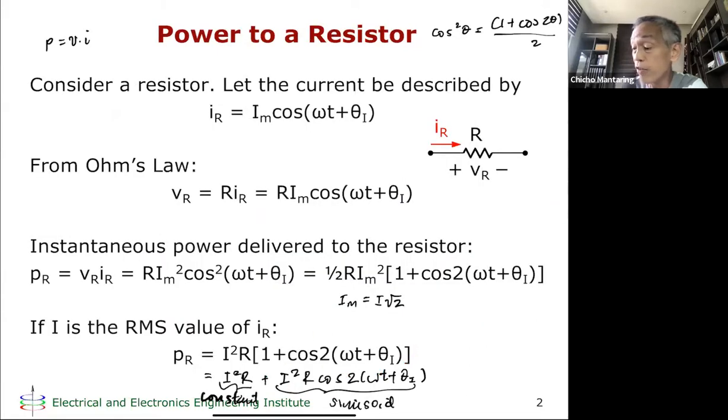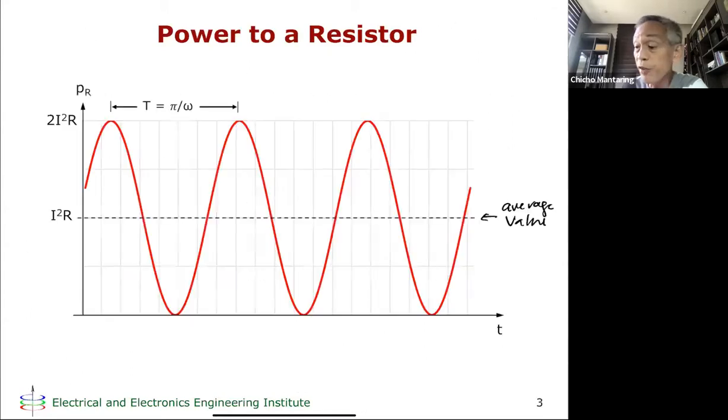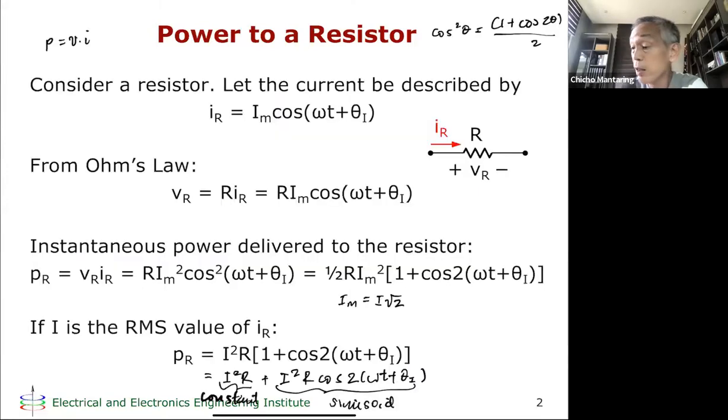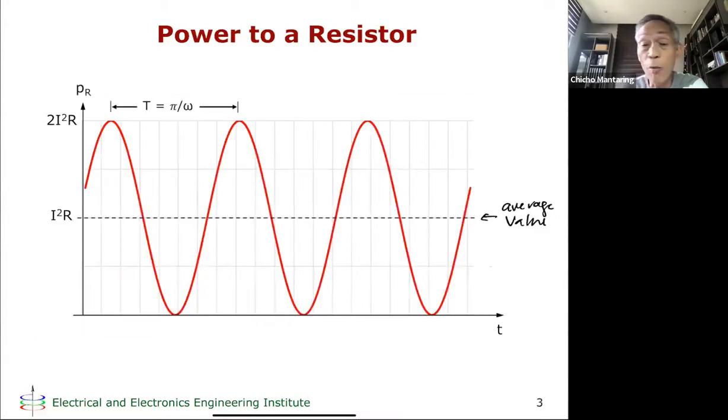Another observation is, if we look at the frequency, the frequency of the power would be twice the frequency of my current. The angular frequency of my current is omega. The angular frequency of my power would be 2 omega.